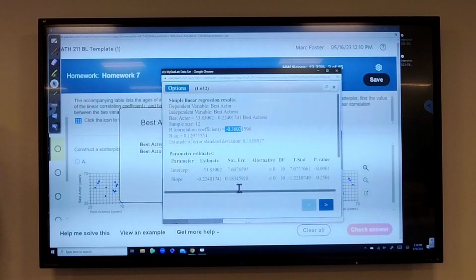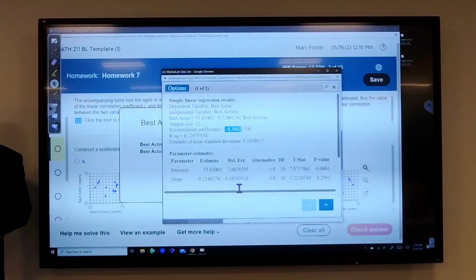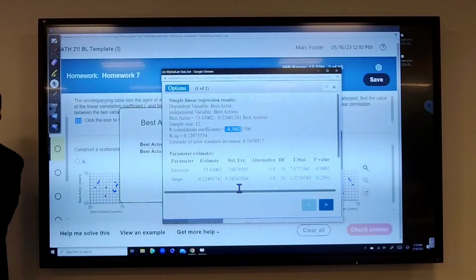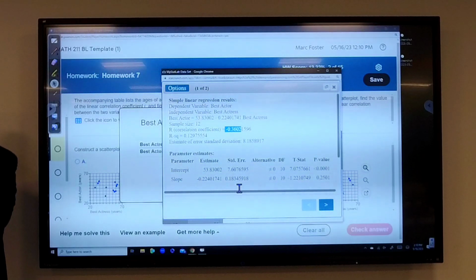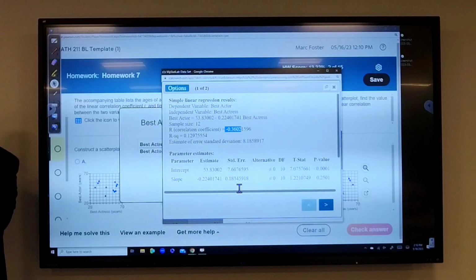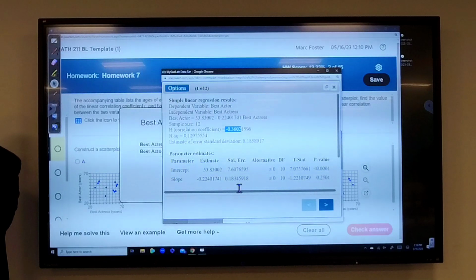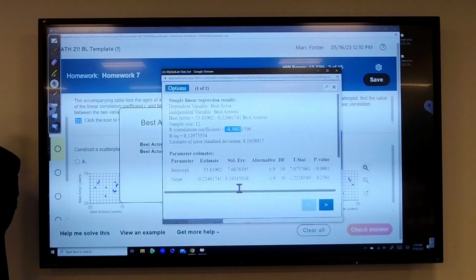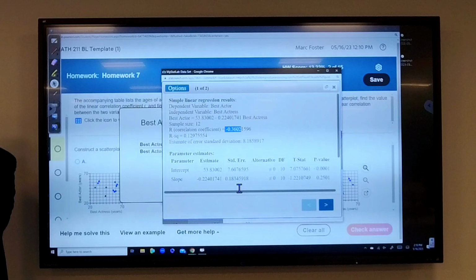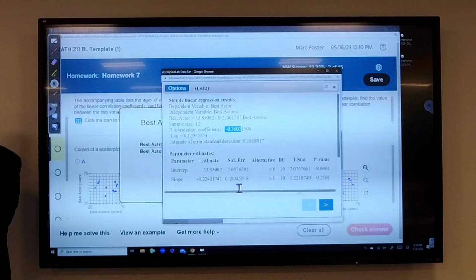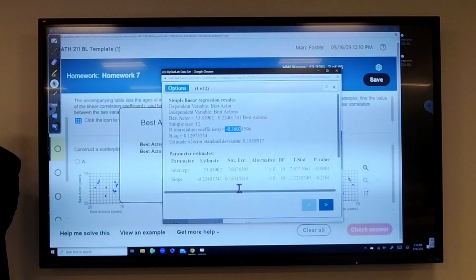Negative 0.36. Is that close to 0 or close to -1? Is it closer to -1 or is it closer to 0?